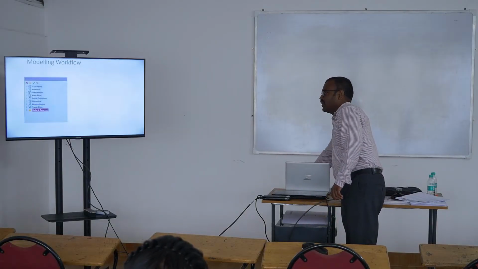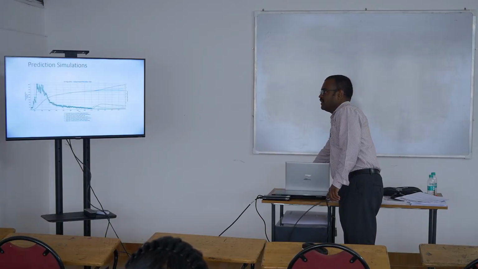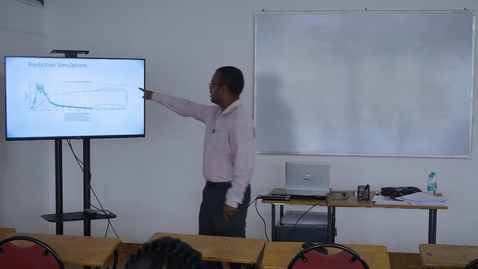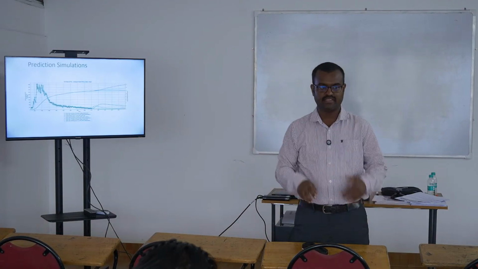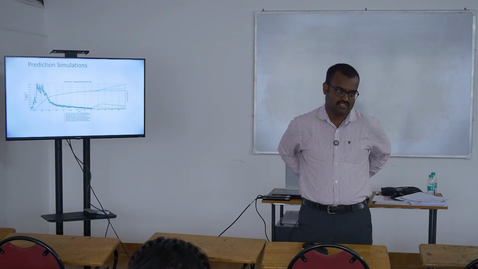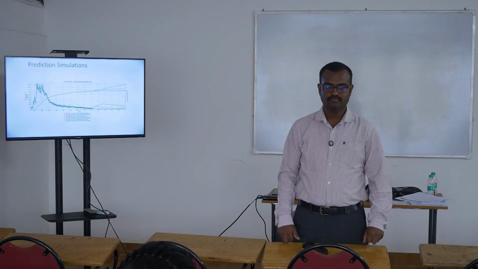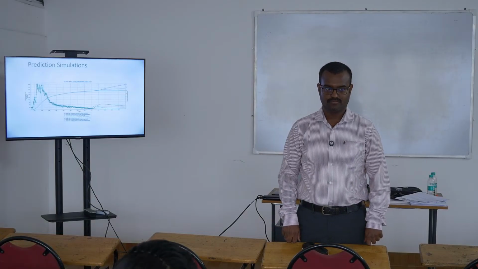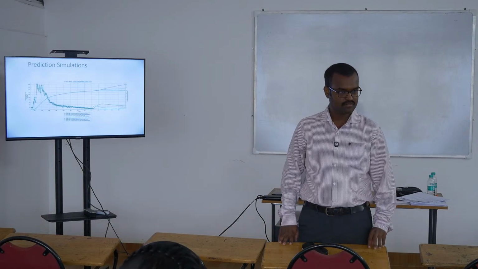And then you go for multiple simulation studies, and then they say that okay, in this case oil recovery is very high, so let us go for that kind of method. Like that, people make engineering decisions. So that's why these models are used. I don't know what you have understood, but any doubts?